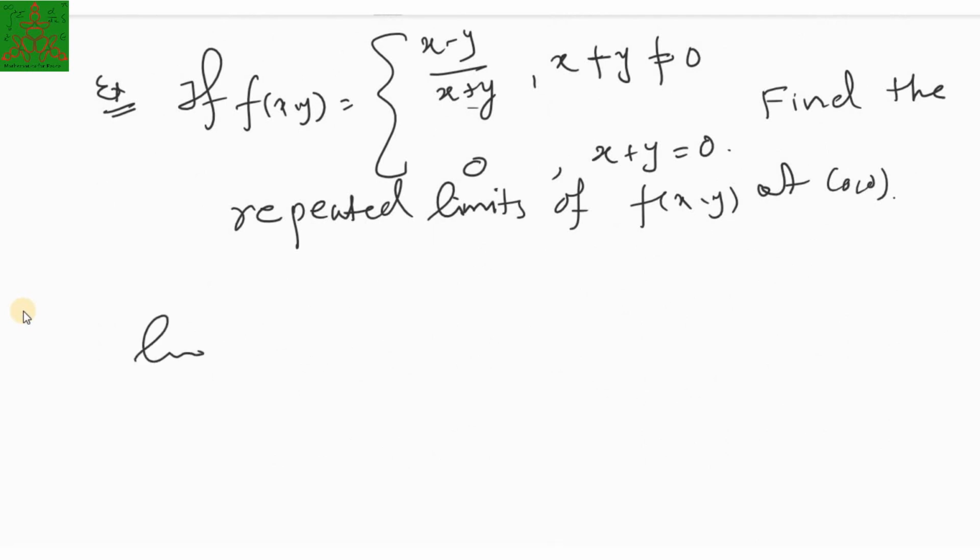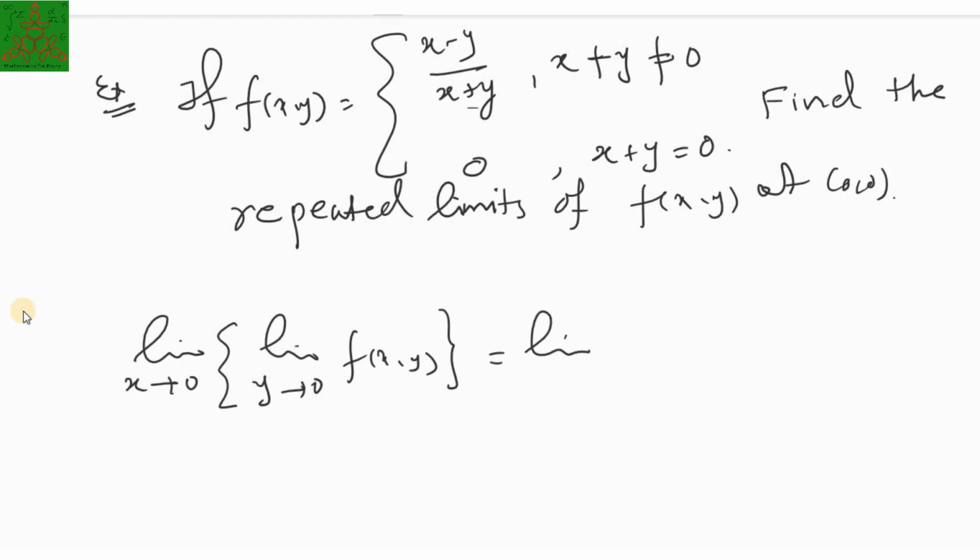As per the repeated limits as we have defined earlier, you can observe that at the point 0, limit y tends to 0 of (x minus y) upon (x plus y) is there.